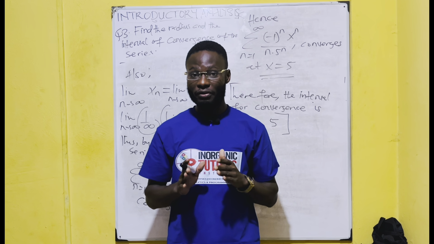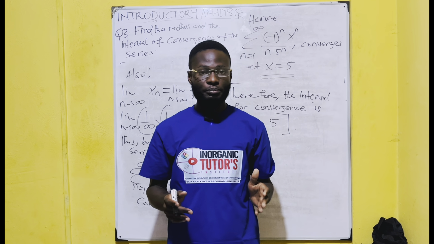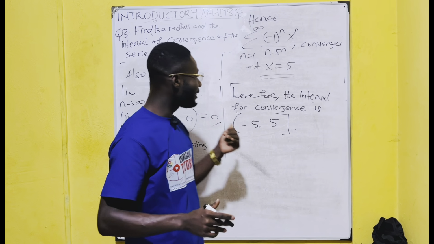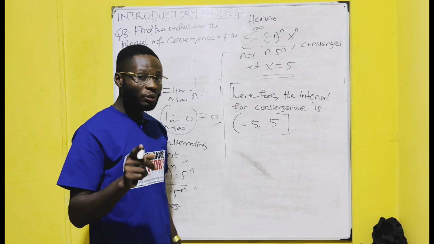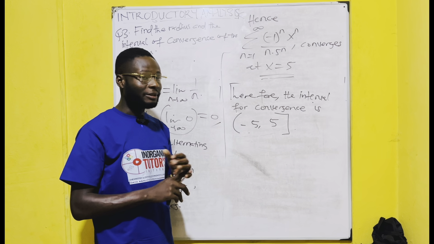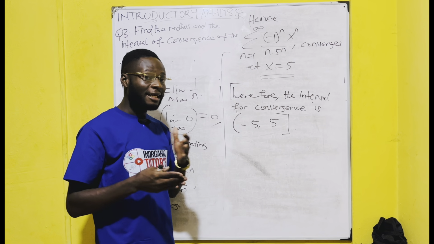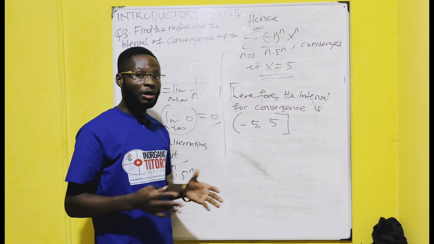And if you're able to follow the principles of the power series, you're good to go. And you realize that in this particular problem, we didn't only use the power series. We came across harmonic series and we came across alternating series. So you have to understand the behavior of each of the series.